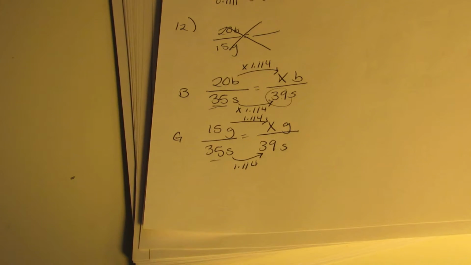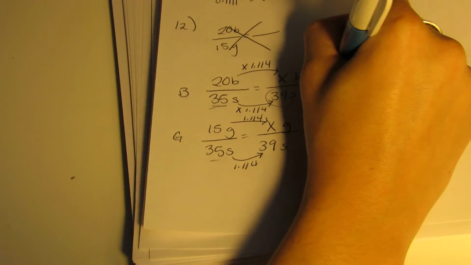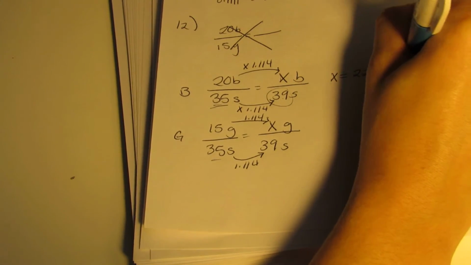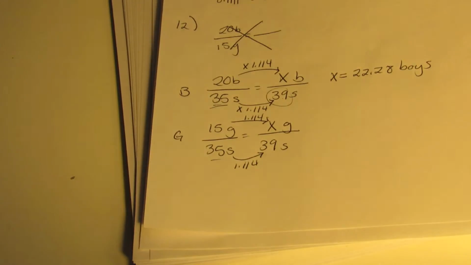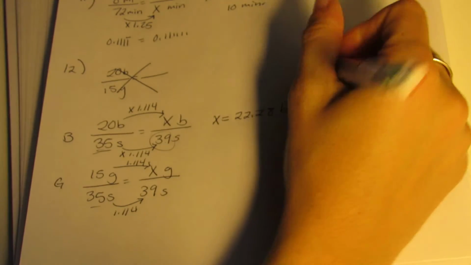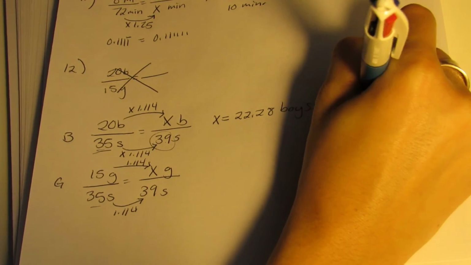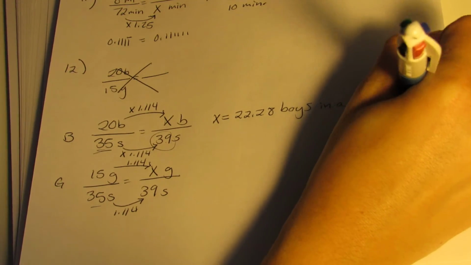So 20 times that scaling factor of 1.114 gives you about, which I know this is not realistic, 22.28 boys. All right? And if I do the same thing for the girls to figure out how many girls there will be, so this is 22.28 boys in a class of 39.